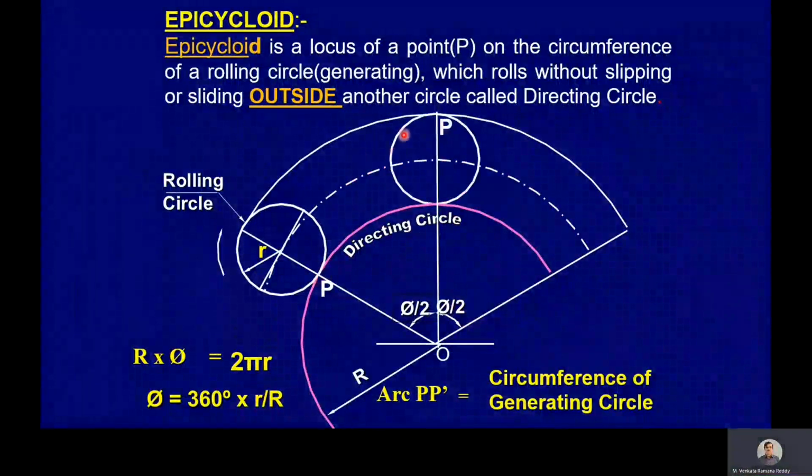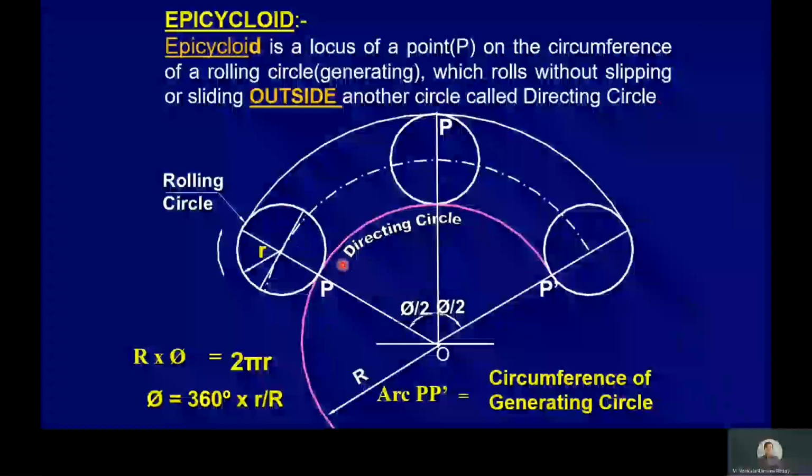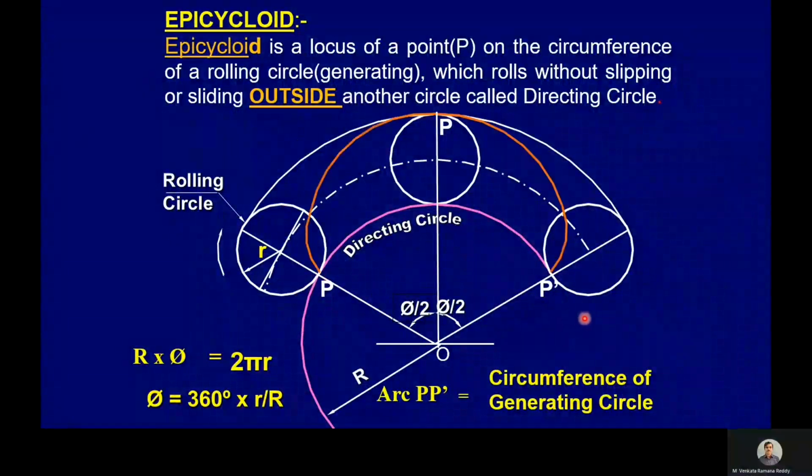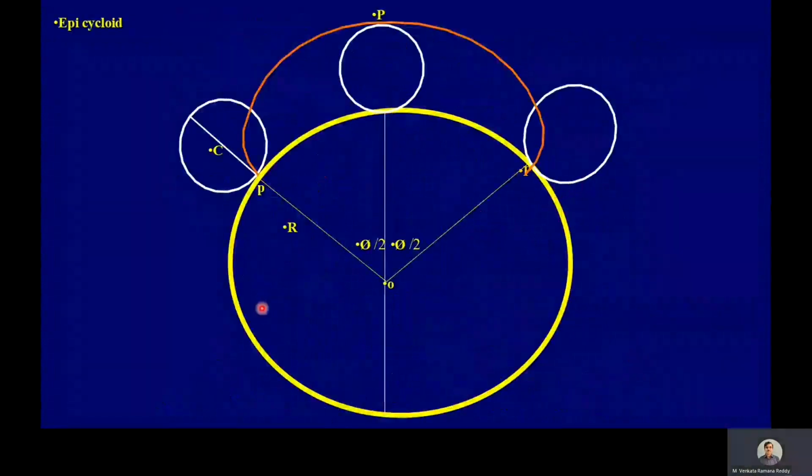That is, for half revolution, P point is going to come here. For the remaining half revolution, P point is going to come here. That is, P is a point on the circumference of a rolling circle. Then the curve obtained is called epicycloid. Here, this bigger circle is the directing circle and the smaller circle is the rolling circle. Point P is on the circumference of the rolling circle.